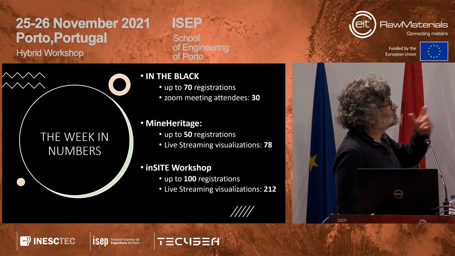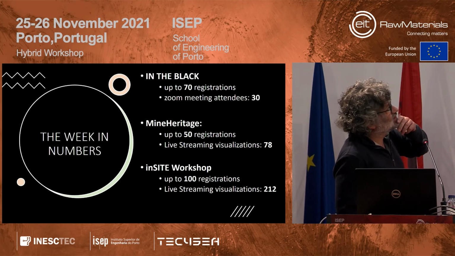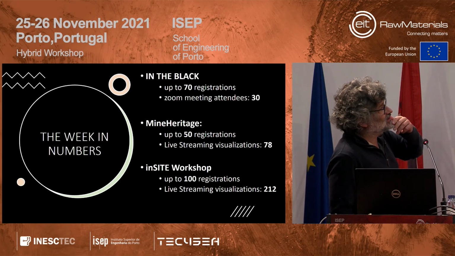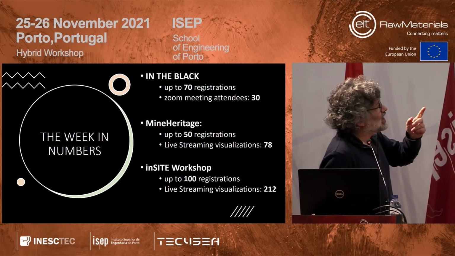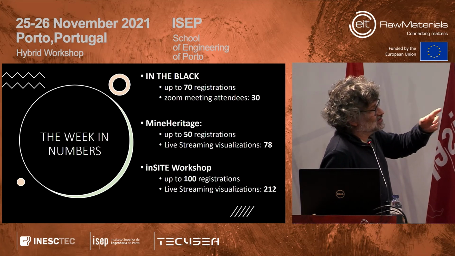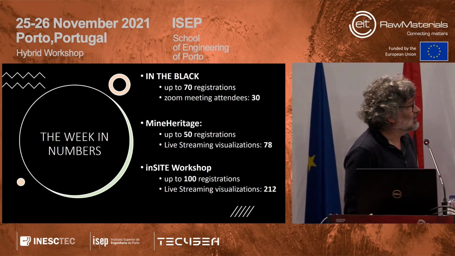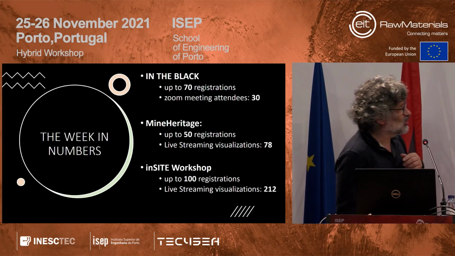These are the numbers. In the Black, we started with 70 registrations, and the average of Zoom meeting attendees was 30 people. Mine Heritage had 50 registrations, but with the live stream, some people received links and appeared, and were not registered but watched.